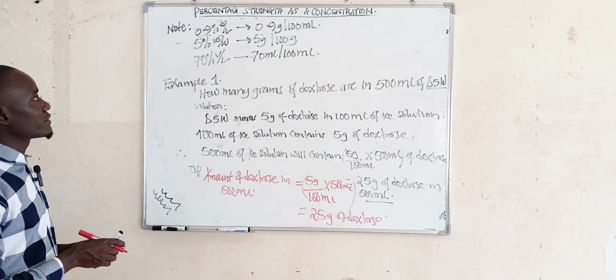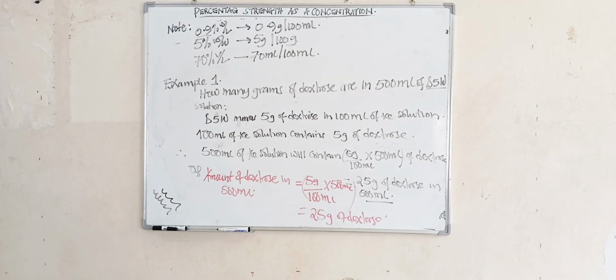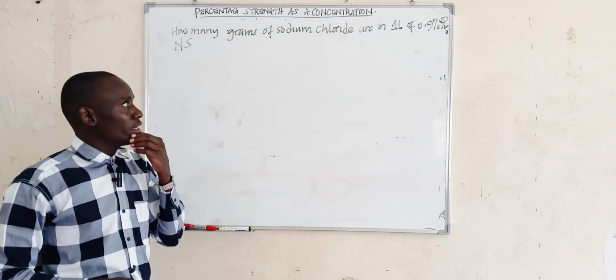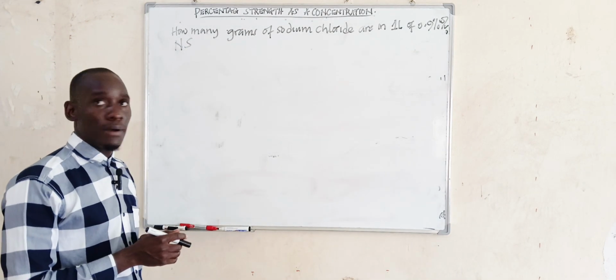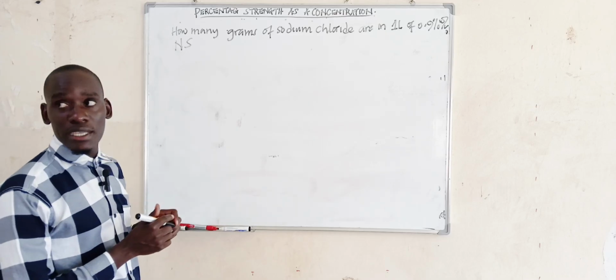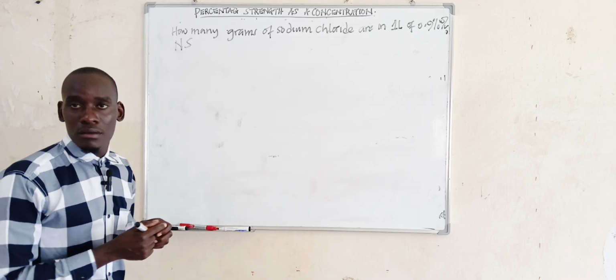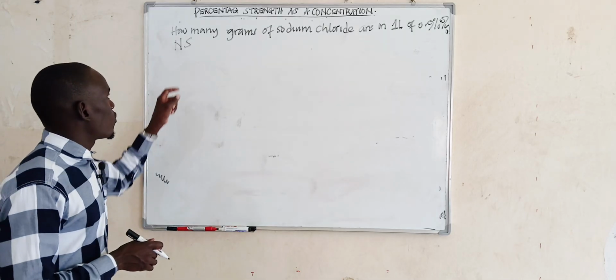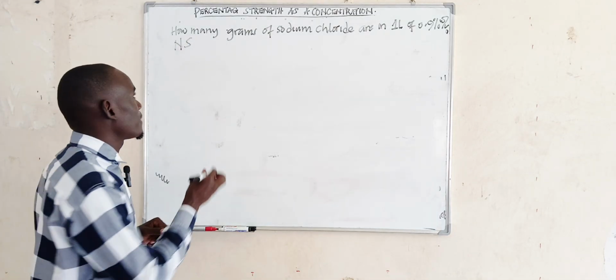Let us look at the next example. How many grams of sodium chloride are in 1 liter of 0.9% weight in volume normal saline? So we need first of all to understand what NS means.